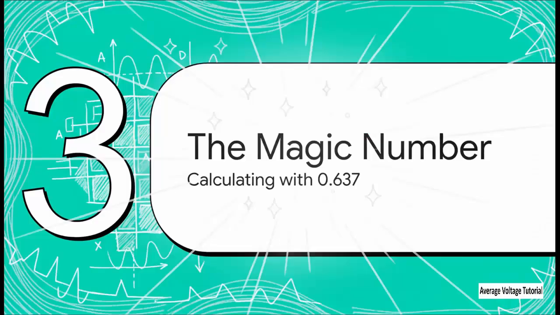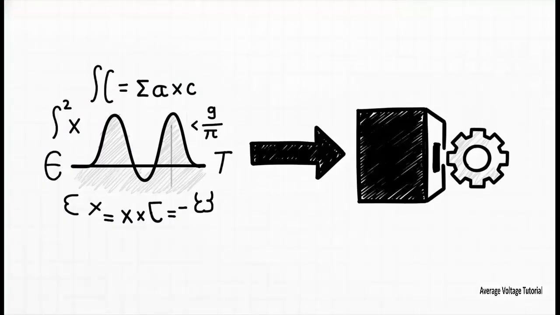Okay, so we know what we're measuring now, but how do we actually calculate it? Well, it turns out to be incredibly simple, and it all comes down to one little magic number. Now, for all you math nerds out there, this number actually comes from calculus. It's the result of finding the area under that half curve, which works out to be 2 divided by pi. But you absolutely do not need to remember that. All you need is the final number.